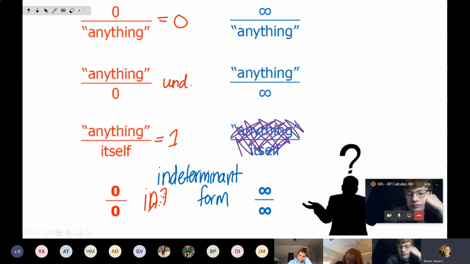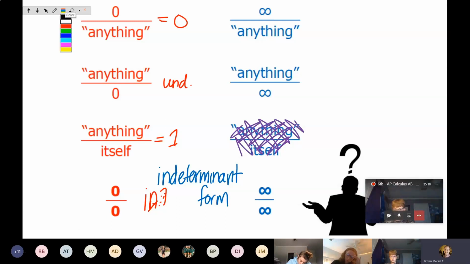Because you basically can't determine what it is. And in math, we actually have lots of indeterminate forms. 0 over 0 is definitely one of them. Infinity over infinity is another one. There are some that exist that we won't cover in this class, like 1 to the infinite power is indeterminate, and things like that. But 0 over 0 is the most common one we'll see.